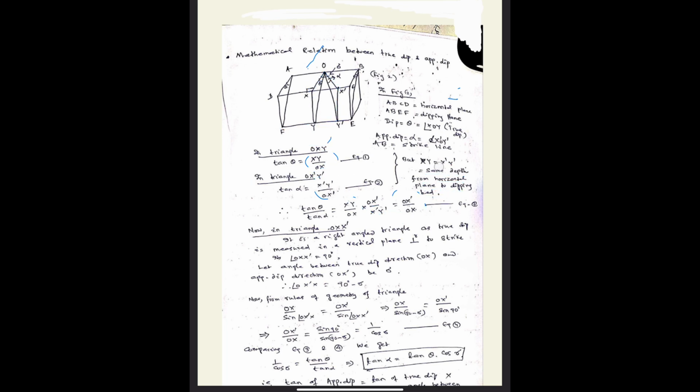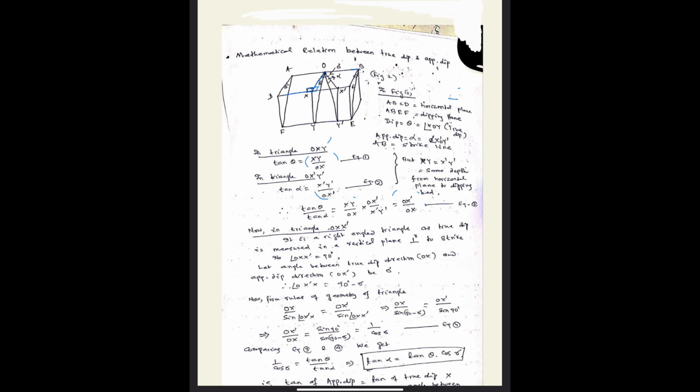Now we will consider this triangle, which is on the horizontal plane. This angle is 90 degrees, because this is the horizontal plane, and this is perpendicular to strike. This line is the strike line, and parallel to this is the strike line. So this angle will be 90 degrees.